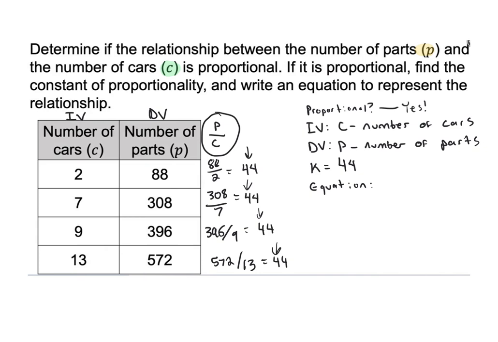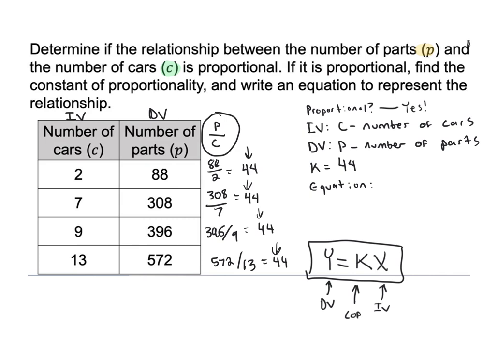Now we can write an equation. Since all of our equations are in y equals kx format, that is the format of an equation in a proportional relationship. And we know that y is always going to be our dependent variable, and x is always going to be our independent variable. And we found k, that is our constant of proportionality, or that number that always repeats.